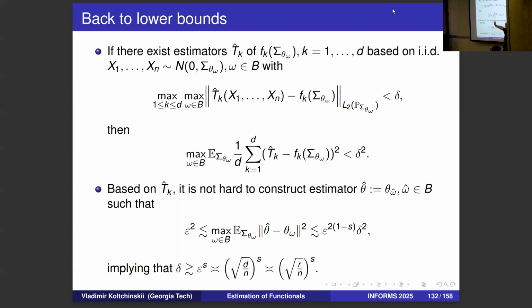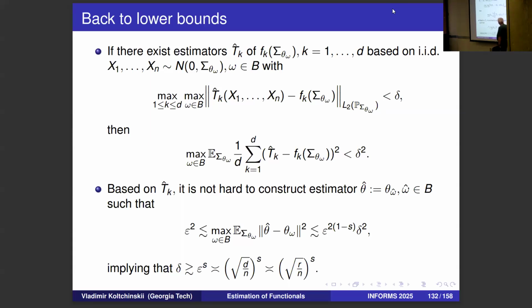So all this is dominated by these quantities that we are trying to bound from below. If we assume that there are estimators of this guy with this property, then you will have also this property.